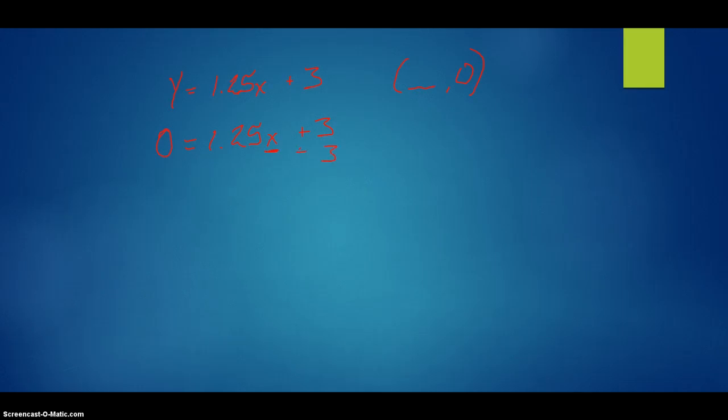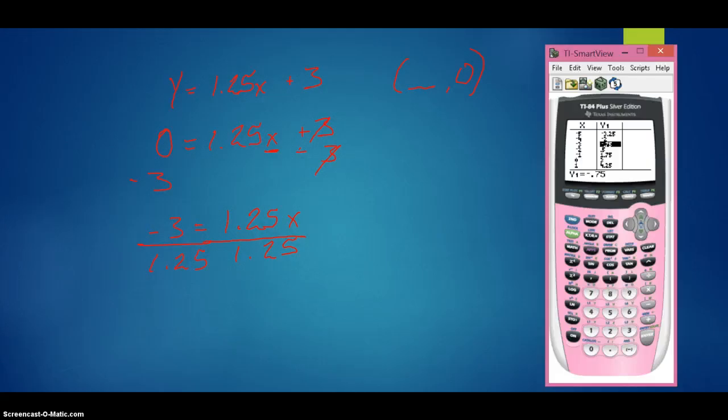The first thing I need to do is subtract 3 from both sides, and I get -3 equals 1.25x. Now I need to divide everything by 1.25, and I like my trusty calculator for this sort of stuff.